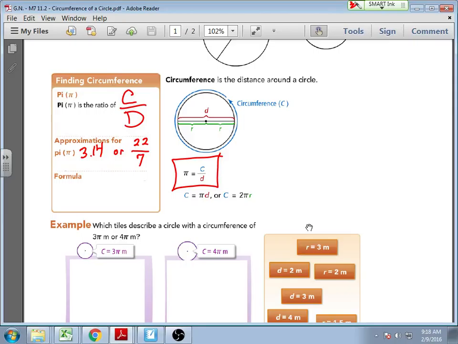Which of these is closer, 3.14 or 22 over 7? They're actually... 22 over 7 gives me 3.1428, where pi is actually 3.1415, so they're both almost equally as close. 22 over 7 is slightly higher than the actual value of pi. 3.14 is slightly lower than the actual value of pi.